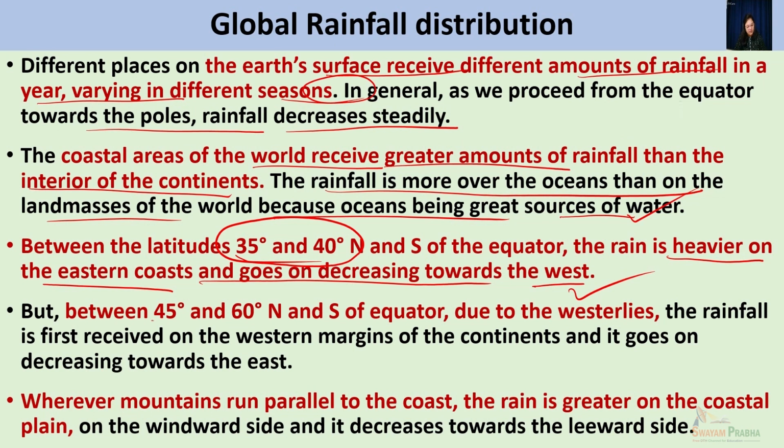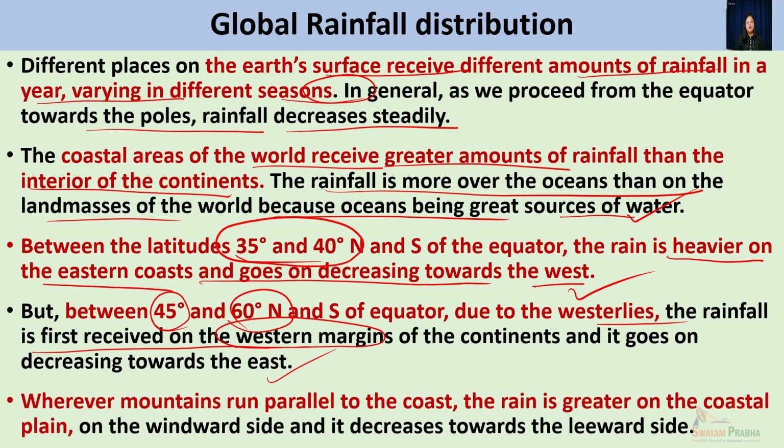But between 45 and 65 degrees north and south of the equator, due to the westerlies, the rainfall is first received on the western margins of the continents and it goes on decreasing towards the east. So along the mid latitudes or high latitudes, we have higher precipitation along the western margins, while in the tropical areas, we have more precipitation along the eastern coast.